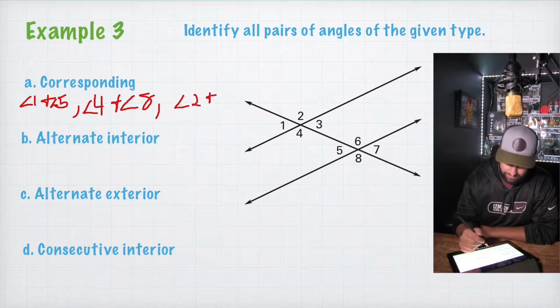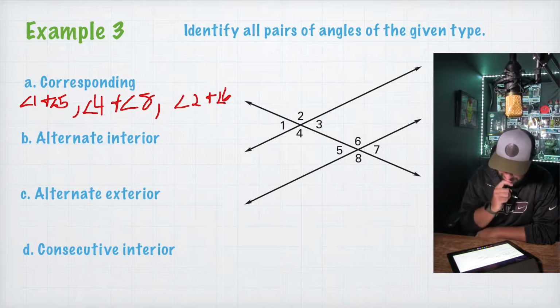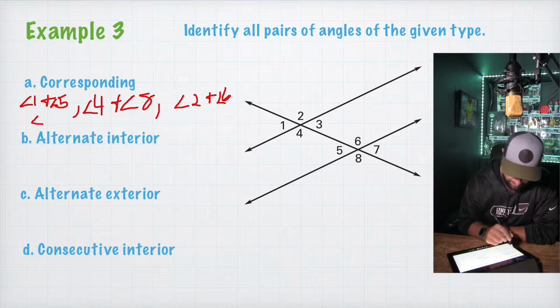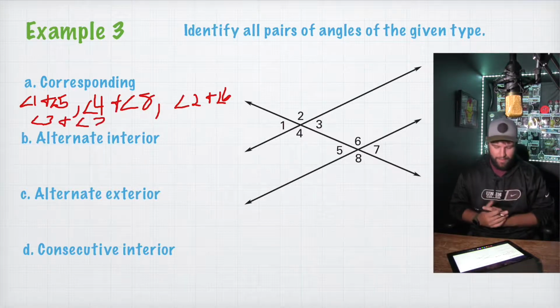Also angle 2 and angle 6. And lastly, angle 3 and angle 7. Like I said, we have 4 pairs of that.